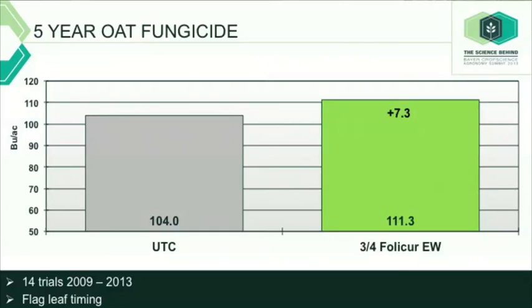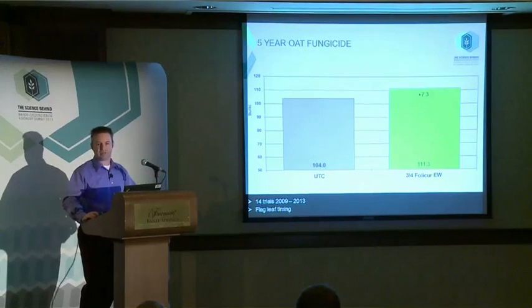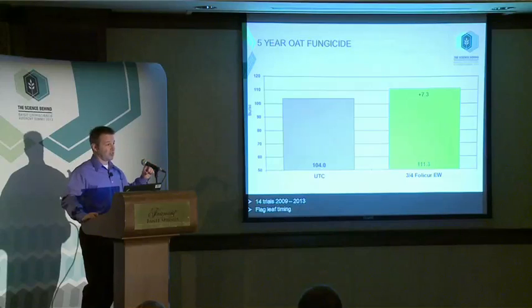We have seen a little bit of difference with regards to the genetics in the field. For some of the varieties that have stronger crown rust resistance packages, we're maybe not seeing as much of a response, still getting a 2, 3, 4 bushel per acre response. But for genetics with weak crown rust resistance packages, we're seeing responses into the 10, 11, 12 bushel range.